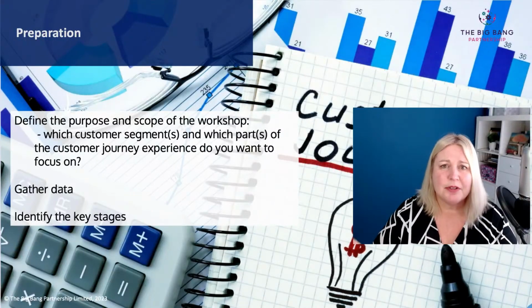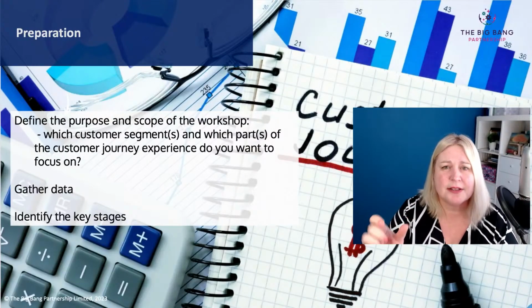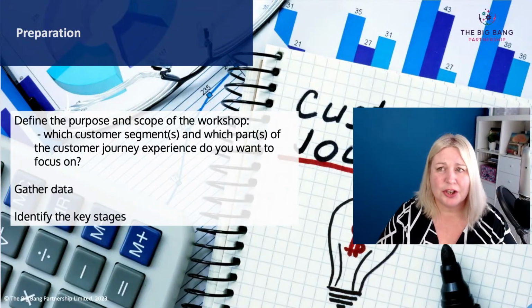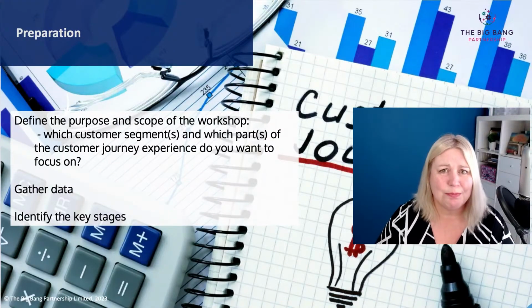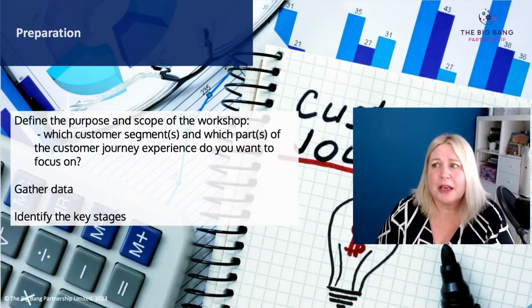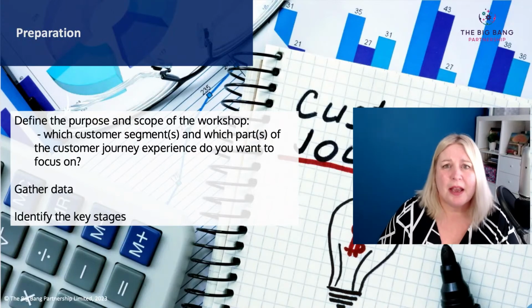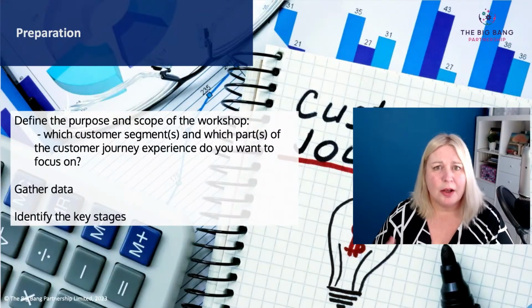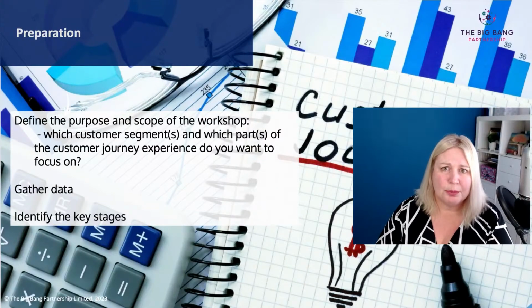You could map everything out at a high level, but then you will need to pick a place to start, because if you try and do everything in huge detail, you're going to end up with the biggest customer journey map ever that you won't be able to do anything with. So you might want to pick something like paying for something, making a complaint, a query, the product purchase process, something like that.